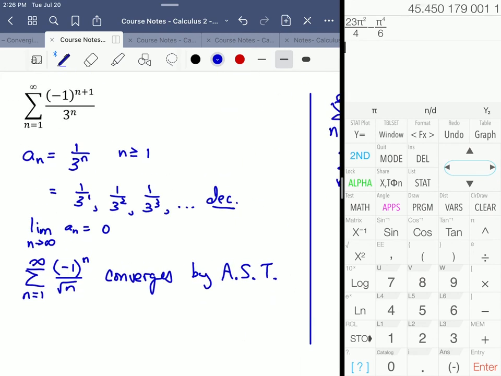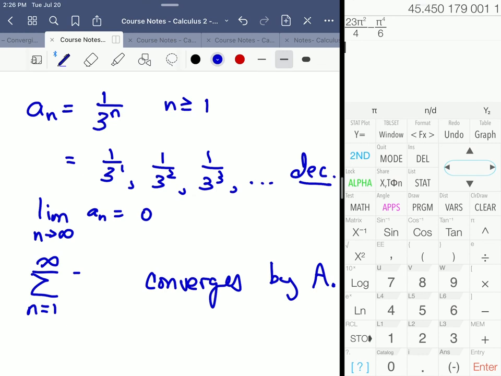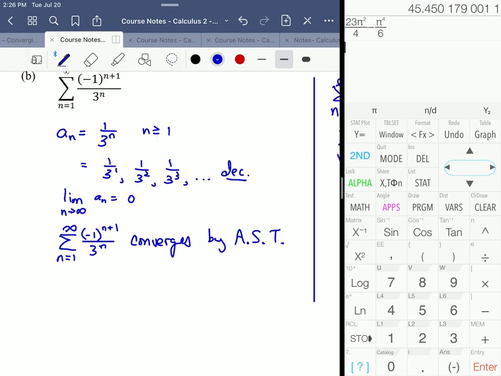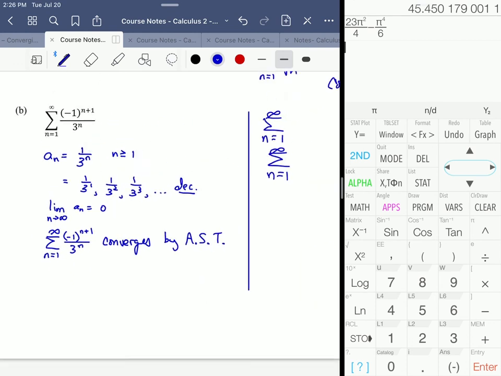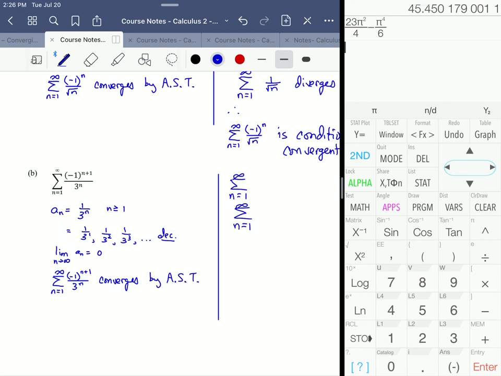So by the alternating series test, negative 1 to the n plus 1 over 3 to the nth is going to converge. That's great. Now we're going to strip away the part that makes it alternating.